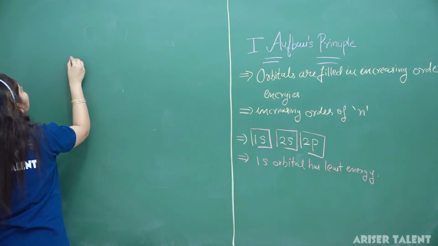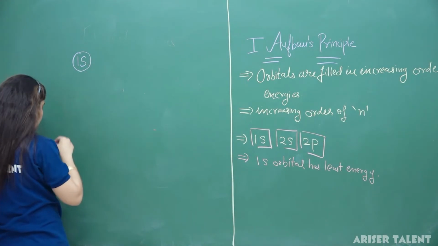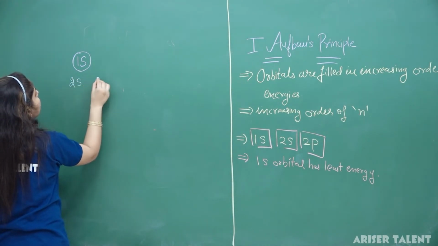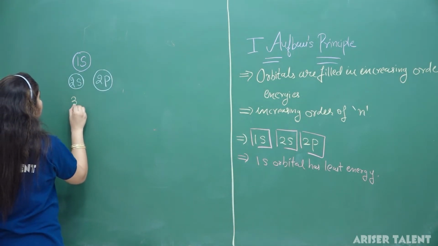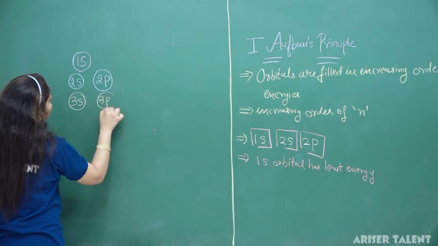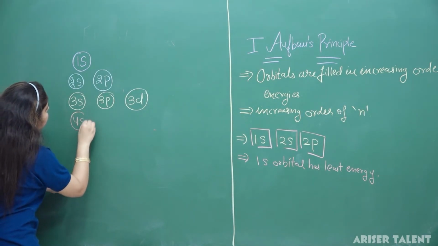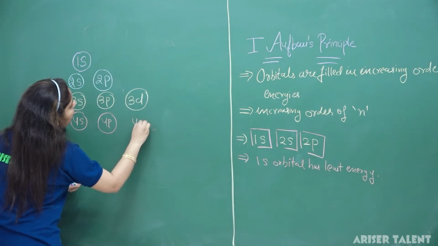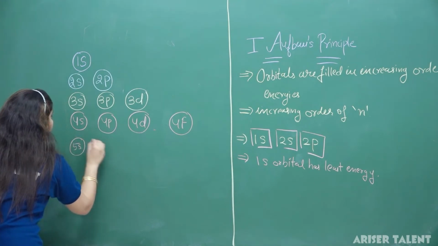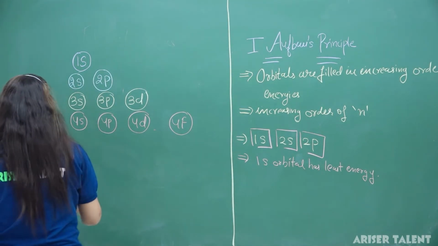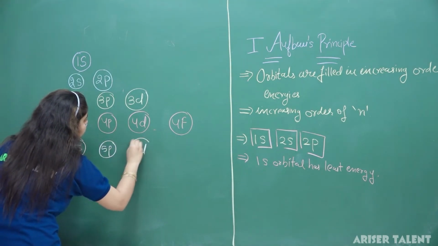Firstly we write the 1s orbital, then we have 2s and 2p, then 3s, 3p, 3d, then 4s, 4p, 4d and 4f, then 5s, 5p, 5d and 5f.